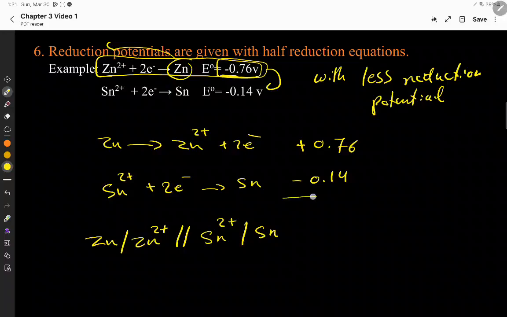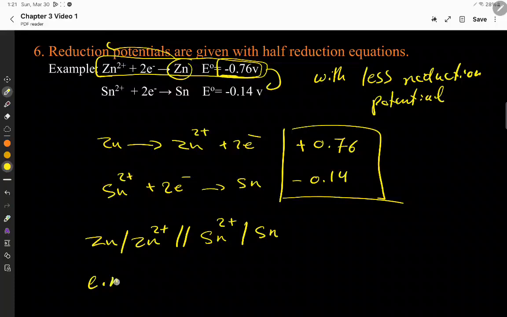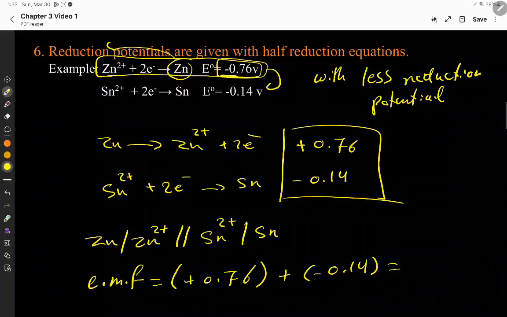The electromotive force, we're going to add these together. So the electromotive force is going to be positive 0.76 plus negative 0.14, and that equals positive 0.62 volt.